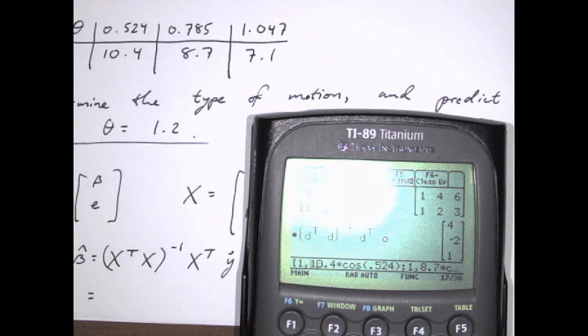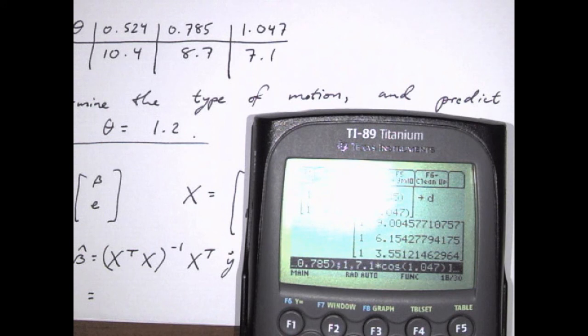Alright, to save you the trouble of watching, I put all the stuff in for the design matrix, but made a mistake. Oh, this was supposed to be 1. Okay, so there's the design matrix. Alright, and then we just need the observation vector, and we are good.